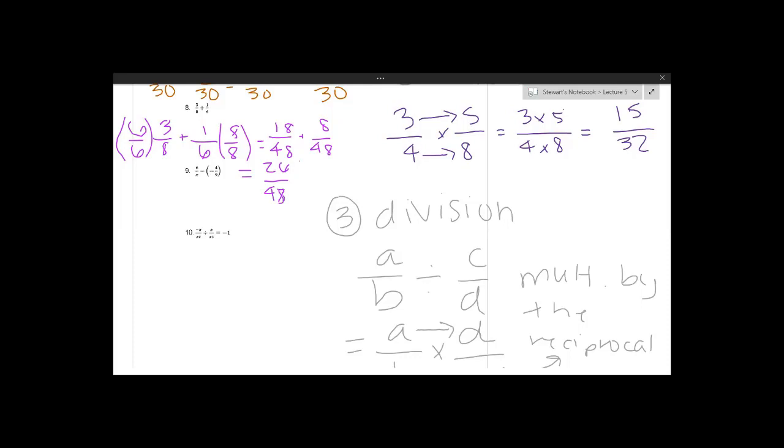Both of these are even, so they're both divisible by 2. So then when it's reduced into simplest form, we have 13 over 24.